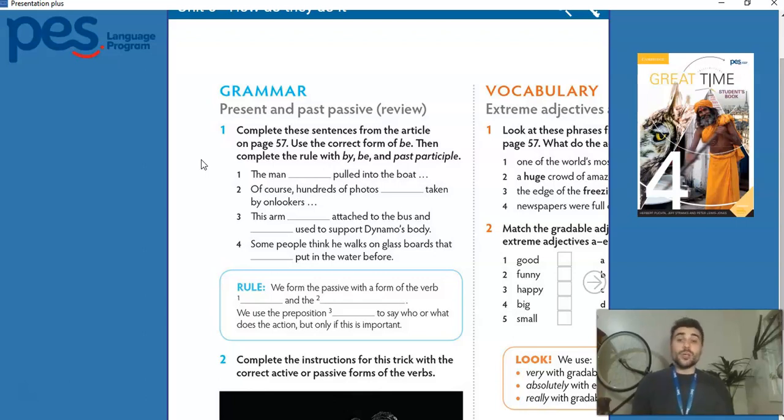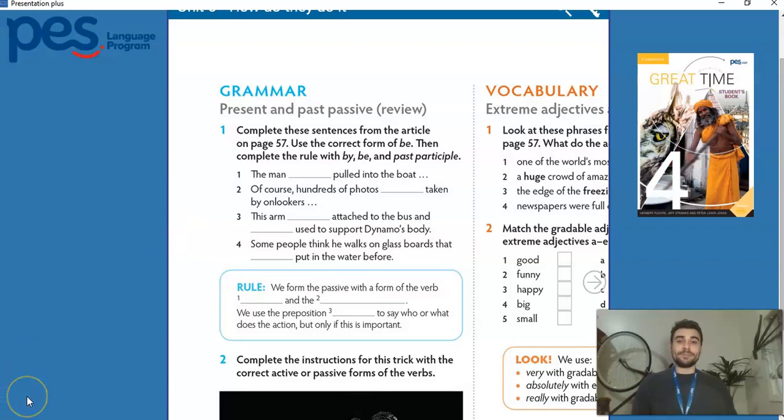And later we're going to complete the rule with by, be, and the past participle. So for now, you need to pause the video here, go back to the text, find the sentences 1, 2, 3, and 4, and complete them according to the text, okay? And then come back here for us to check, all right?